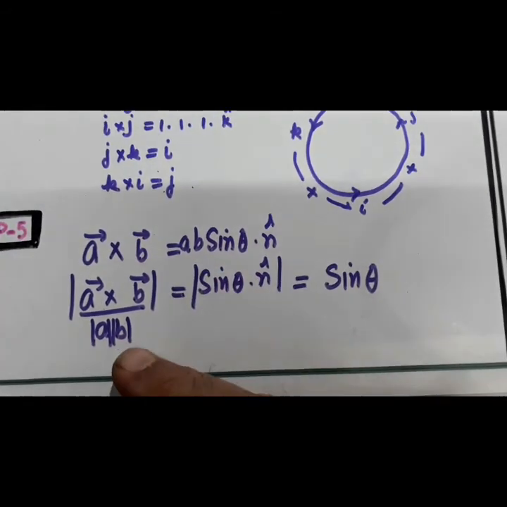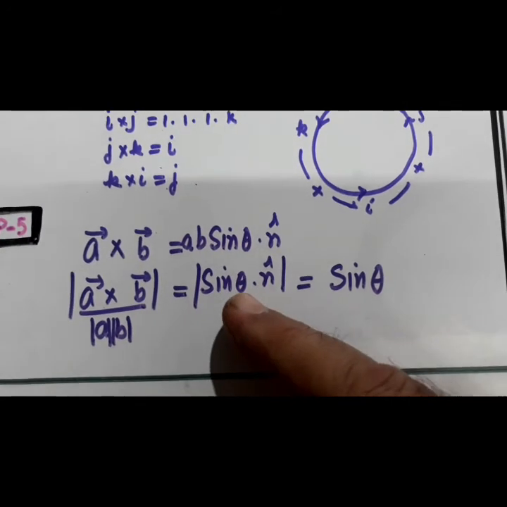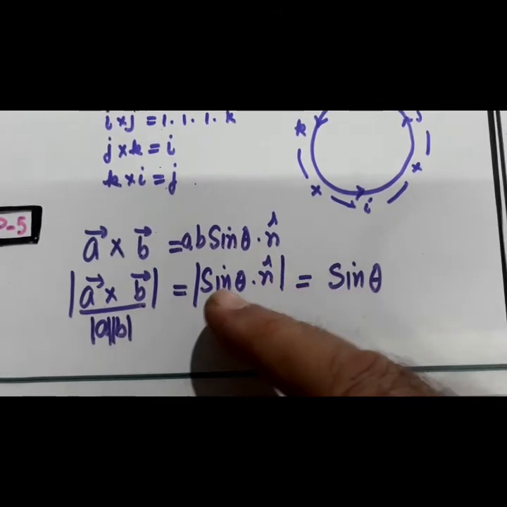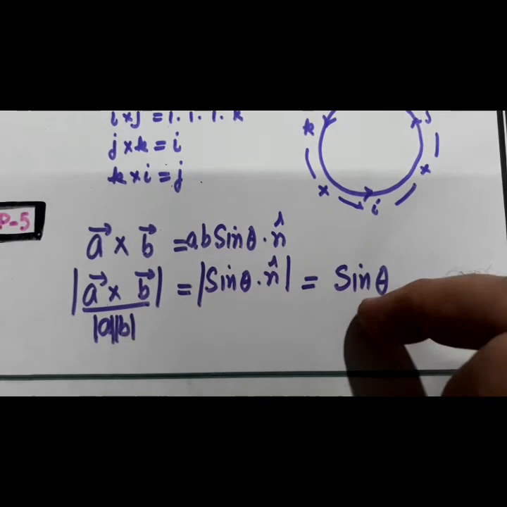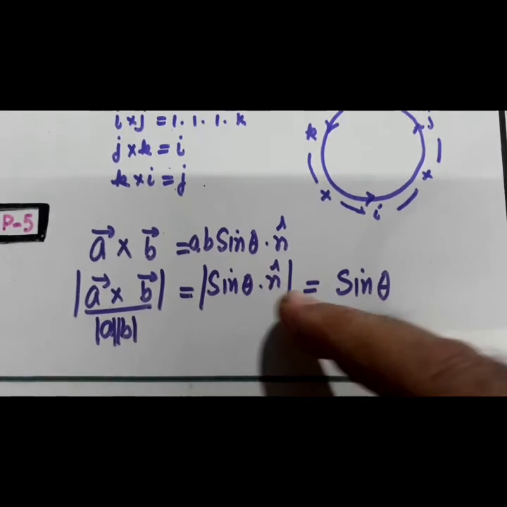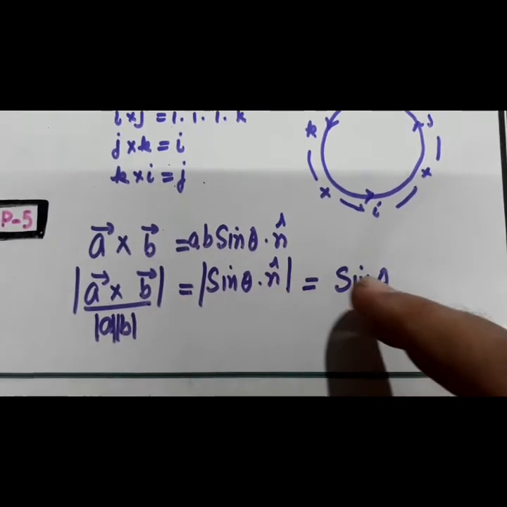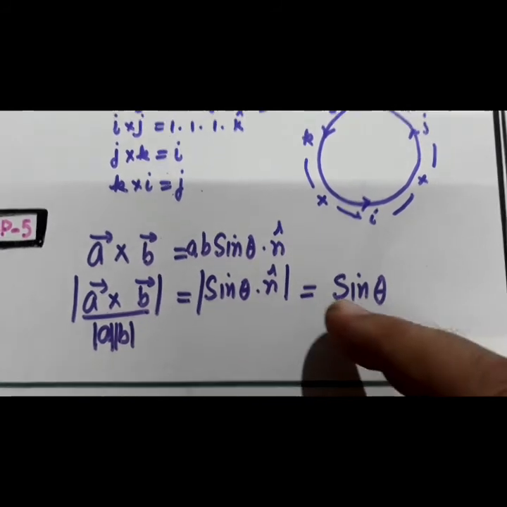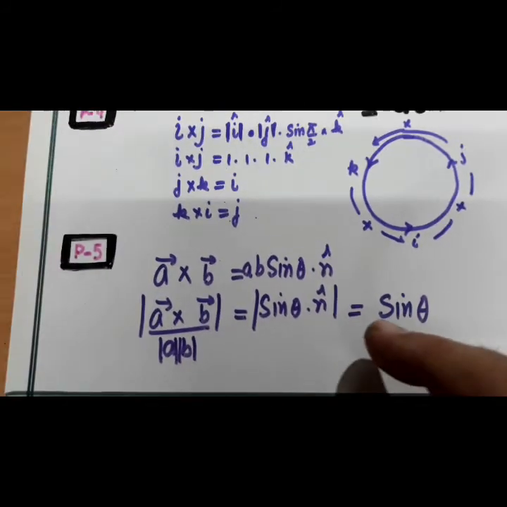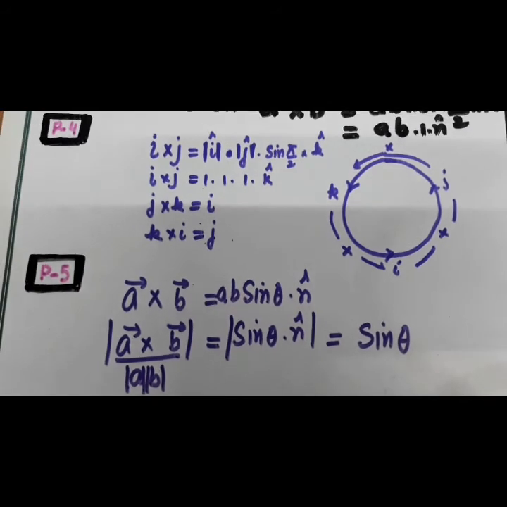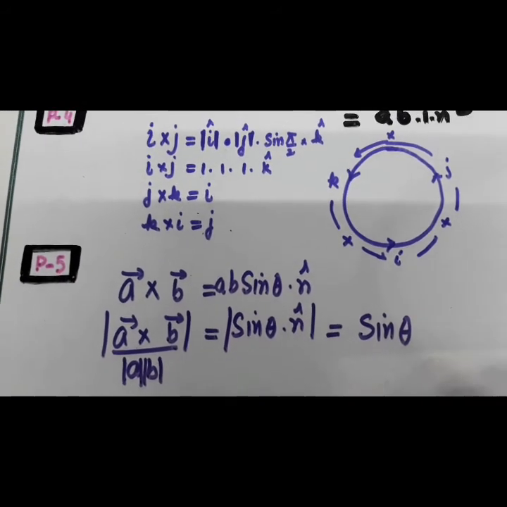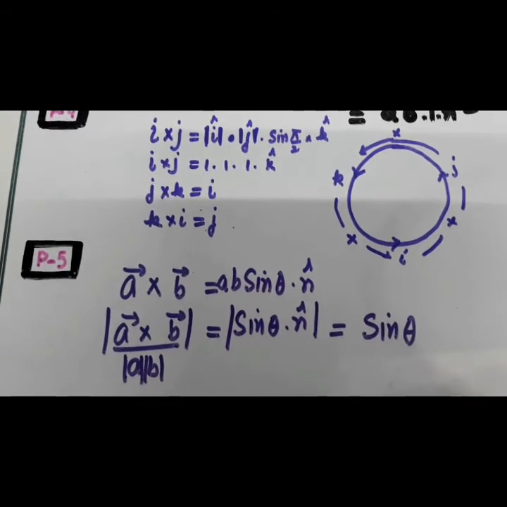A भी नीचे चला गया है. अब sin theta का मैग्नीट्यूड sin theta ही होता है, n का मैग्नीट्यूड 1 होता है. So this is sin theta into 1, that is sin theta. So from here we have found sin theta. In the case of dot product we found cos theta. In this case we have found sin theta.